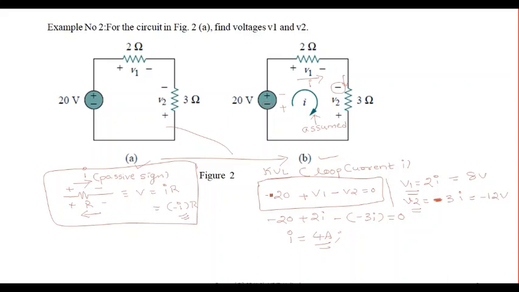Is that clear to you? Okay, so don't keep anything like voltage rise and voltage fall here. Just look into the polarity and write the equation. This one I had discussed maybe in the last to last lecture. So we need to practice these things.